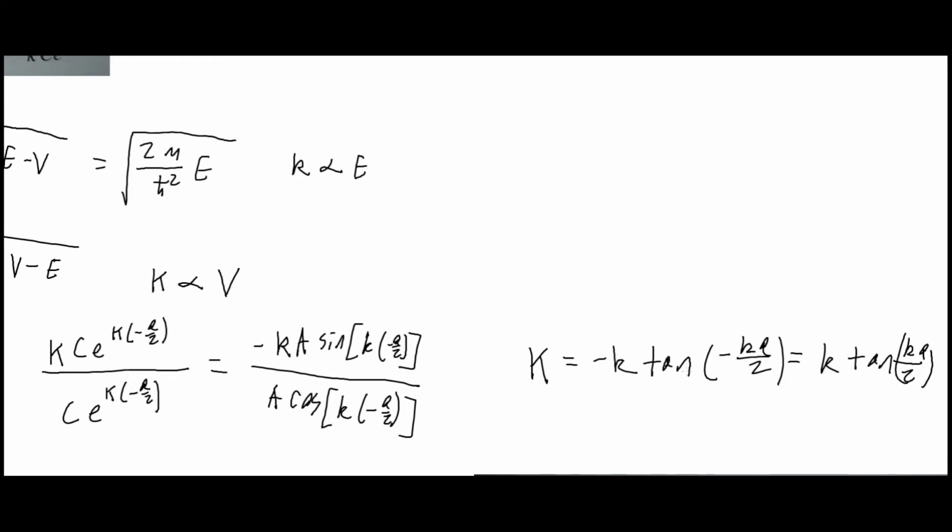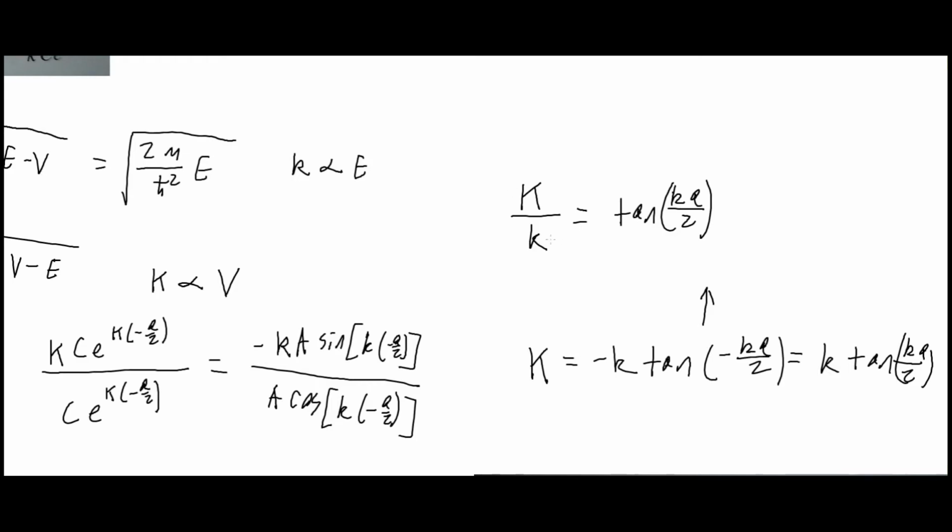And then we just divide both sides by k. I will actually move up for this just for the sake of room. And so we have kappa divided by k is equal to the tangent of k a over 2.